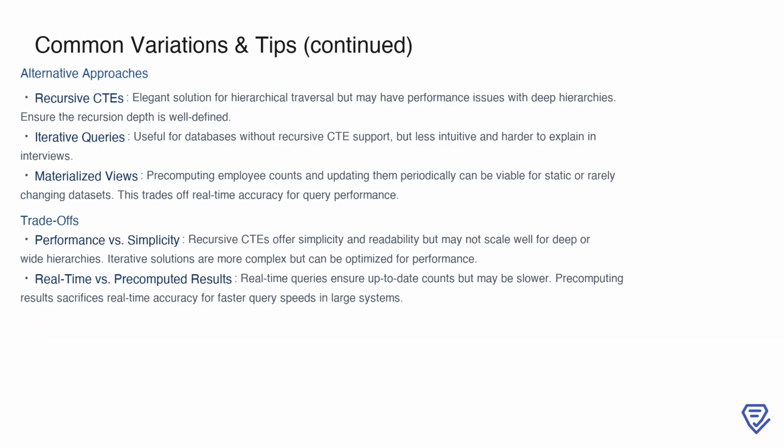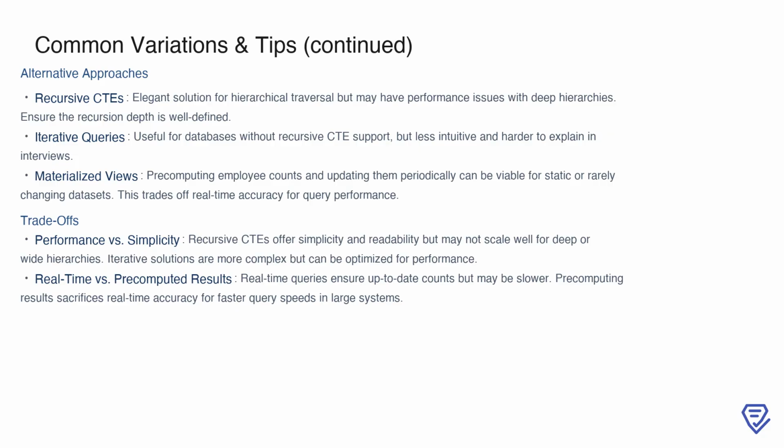There are also a few alternative approaches to consider when solving hierarchical problems. Recursive CTEs are a popular choice because they provide a concise and natural way to traverse hierarchies. However, they can struggle with performance issues if the hierarchy is especially deep. To mitigate this, it's important to define a clear recursion depth to prevent runaway queries.